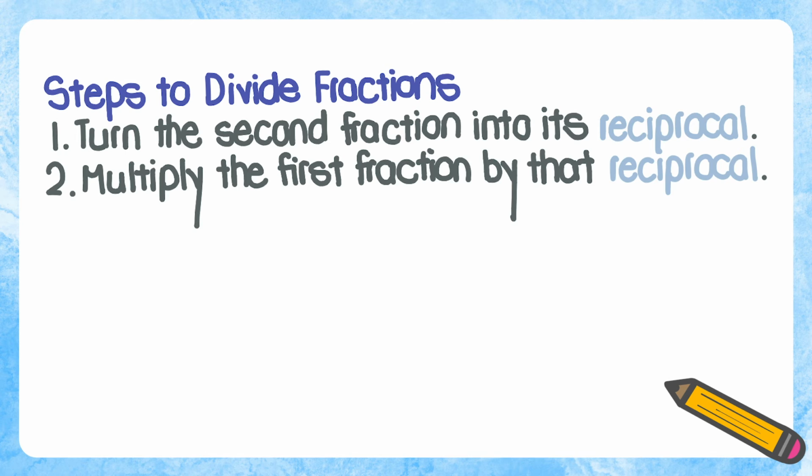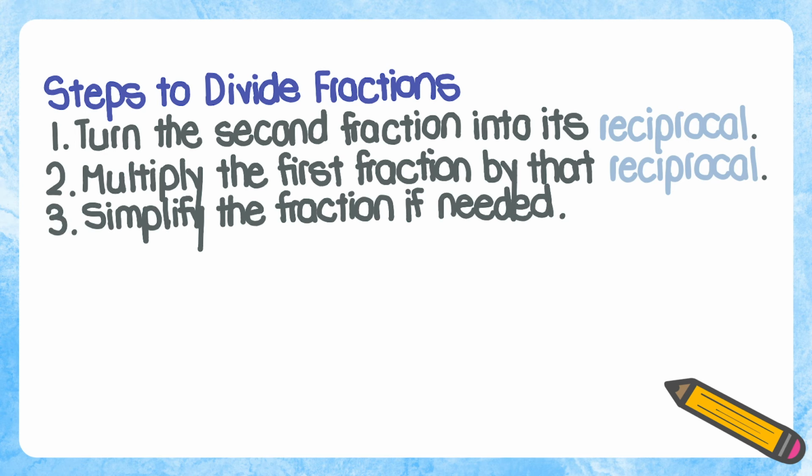So this multiplying, you just follow the same steps as earlier when we were simply multiplying fractions. And then lastly, if needed, you'll be simplifying the fraction. So the most important step when dividing fractions is to make sure you remember to turn the second fraction into its reciprocal.